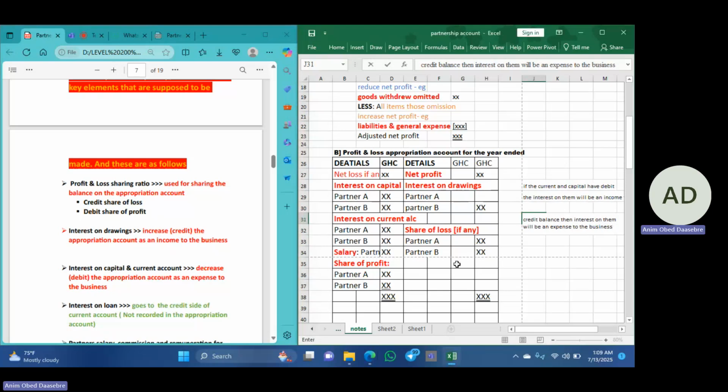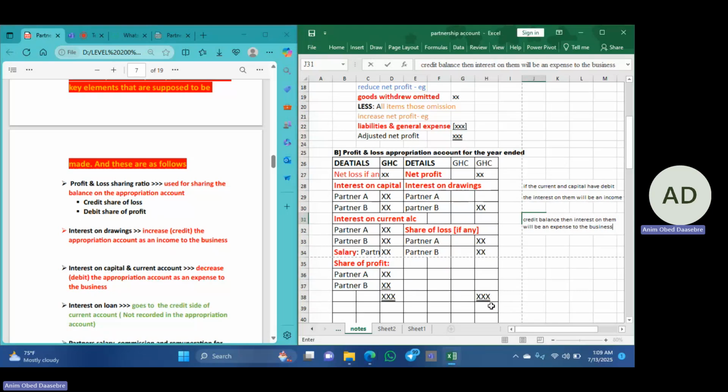Then finally, you balance off the accounts. You check which side is bigger and which side is smaller. Then the bigger side will be seen as the total for the two sides, the credit and the debit sides.